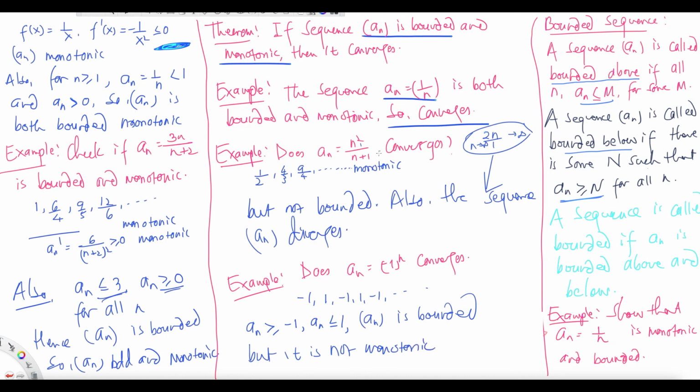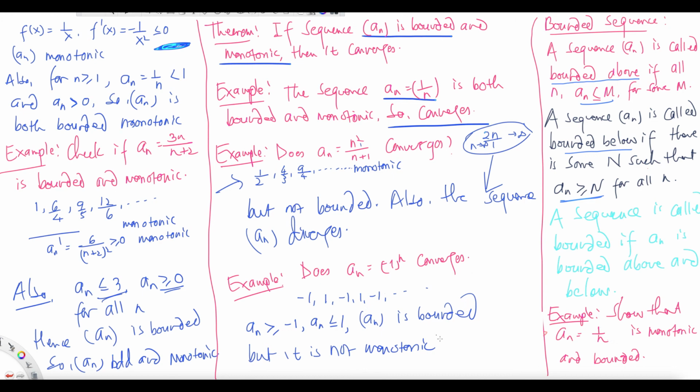You see that the previous divergent sequence was violating boundedness. It was not bounded. And this divergent sequence, what does it do? It is bounded, but it is not monotonic. It is not an increasing or decreasing sequence. It is an oscillating sequence. Okay, guys.